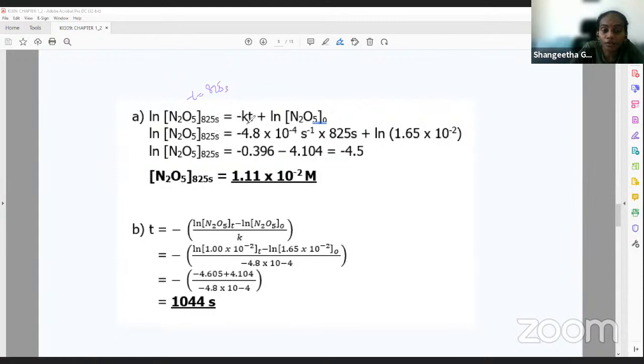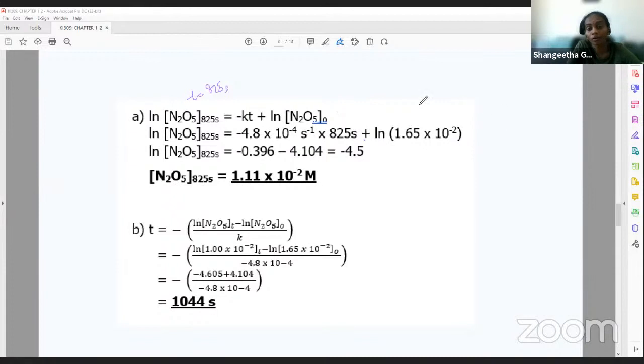So it equals negative kt plus ln [N2O5] naught. Now you just plug in the value of k that they have given, negative k times your time of 825 seconds, which is asked in the question, plus your initial concentration, ln [N2O5] naught, which is given in the question.